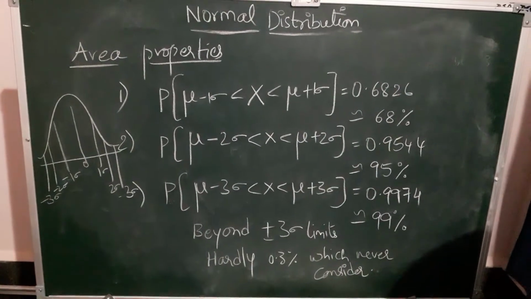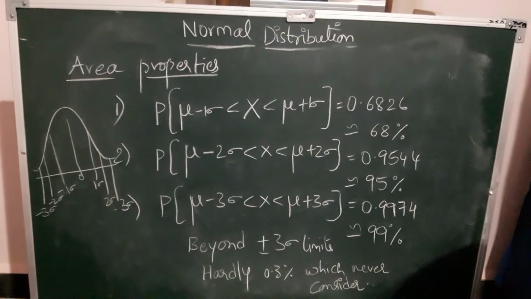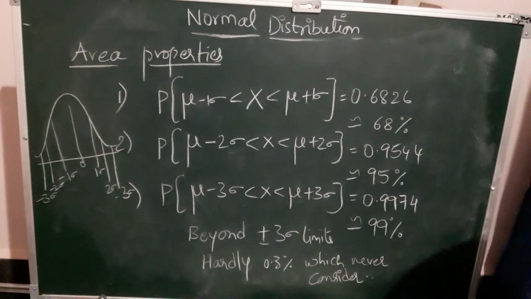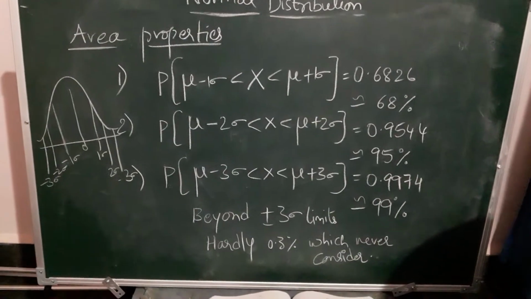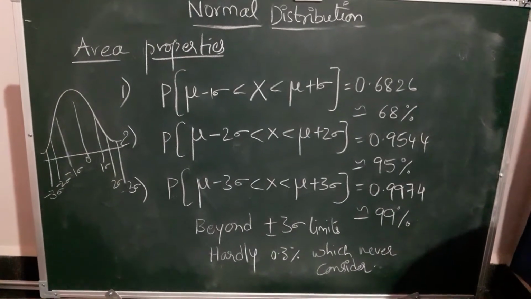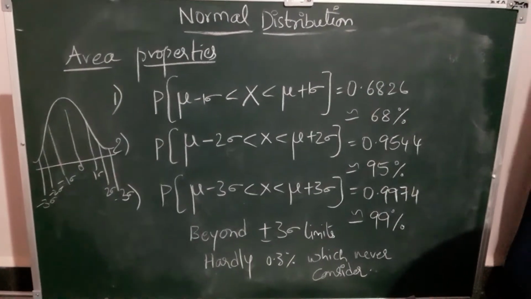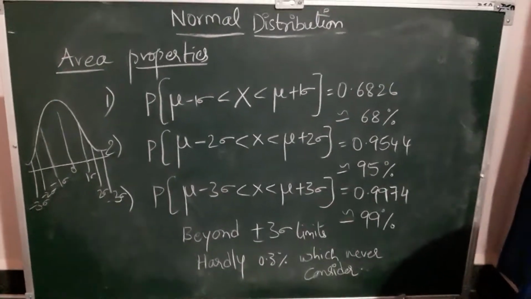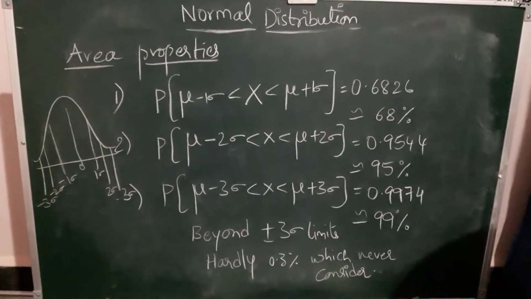So plus or minus 1 sigma, the area under the normal curve is 68%. Now 95% is covered between plus or minus 2 sigma, and 99.7%, approximately 100%, is covered within plus or minus 3 sigma; that is the reason I have given you 1 point.